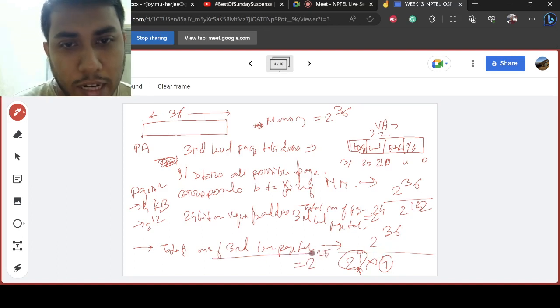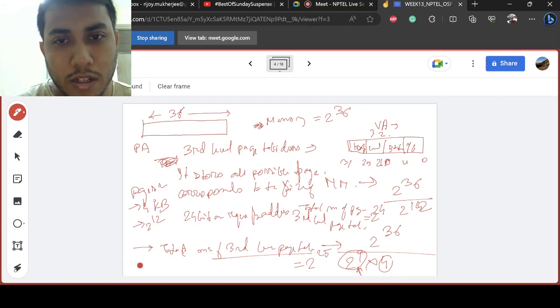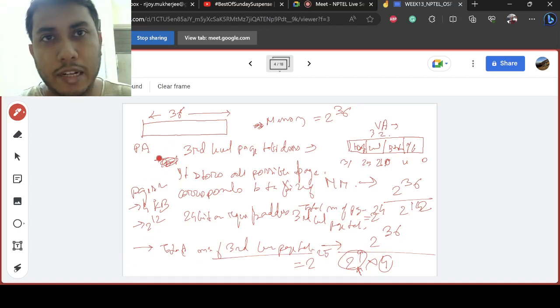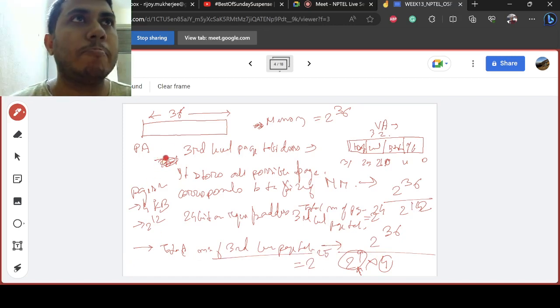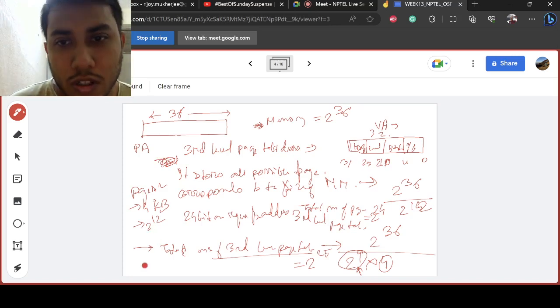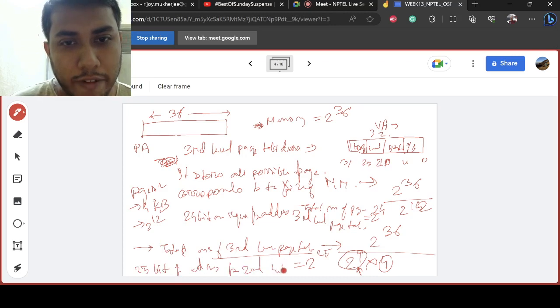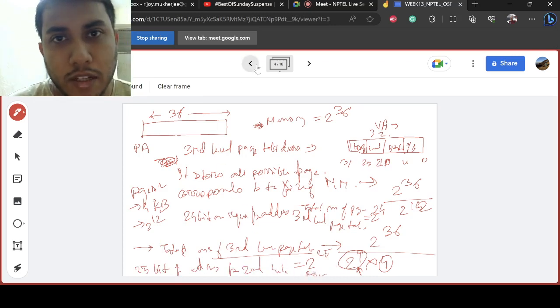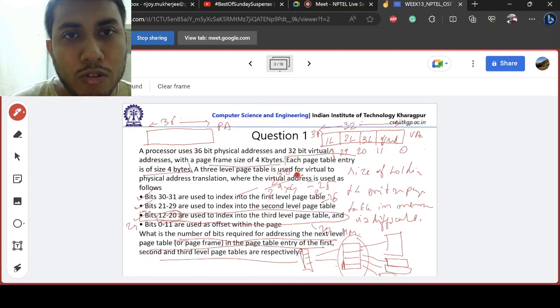So that is the number of third level page tables, and each will be addressed by your second level page table. So 25 bits of addressing for the second level page table. And if you calculate it back for the first level, it will also come down to 25.